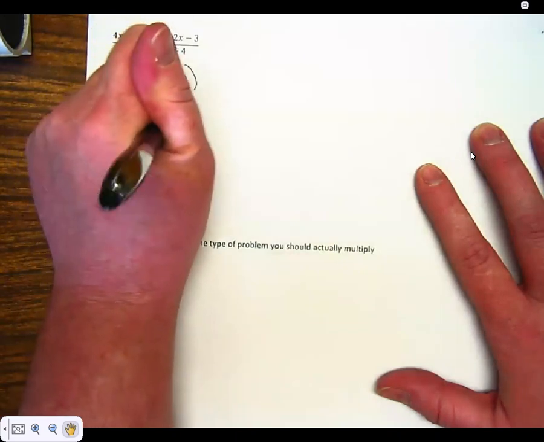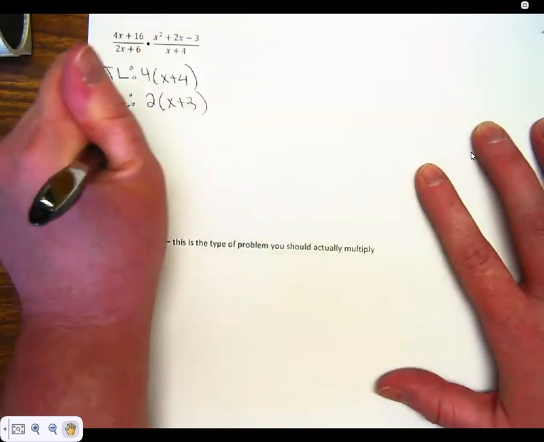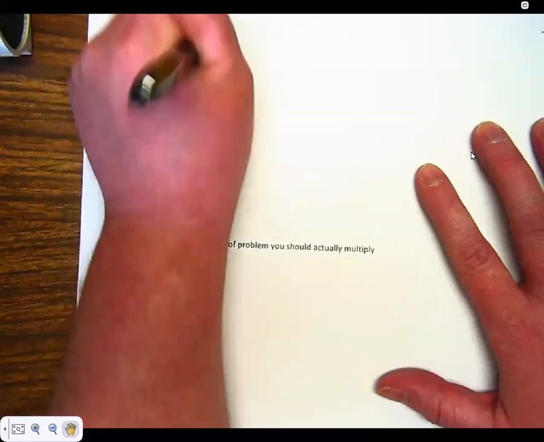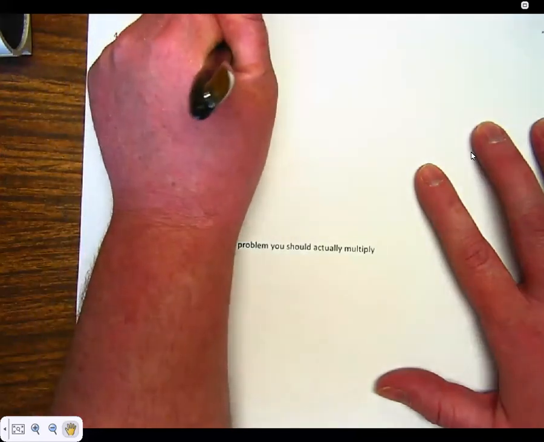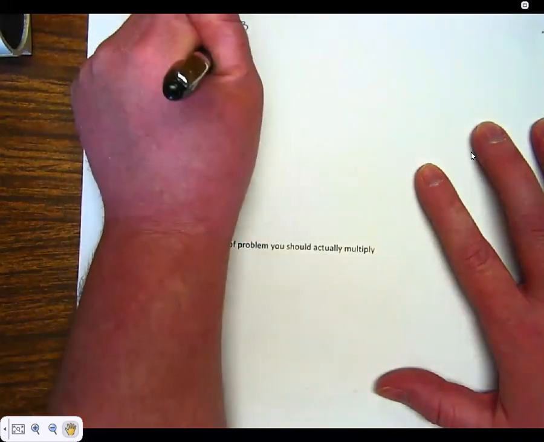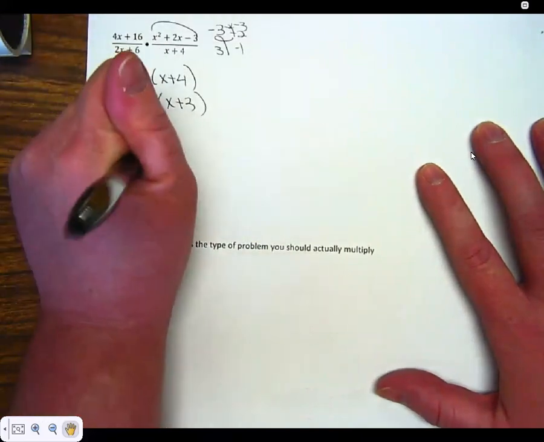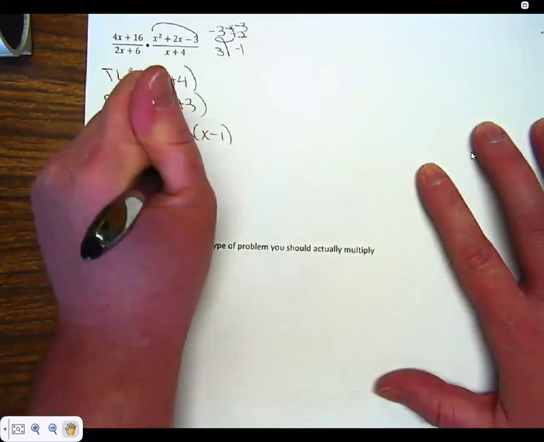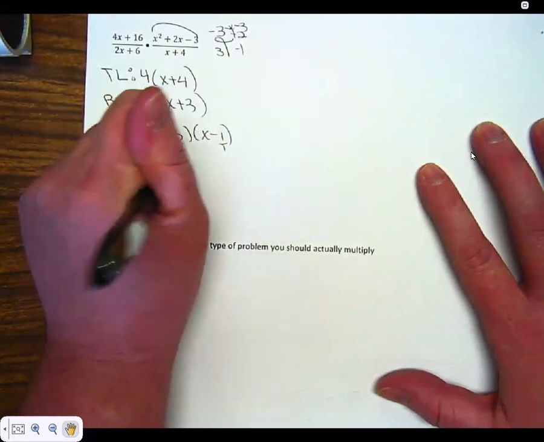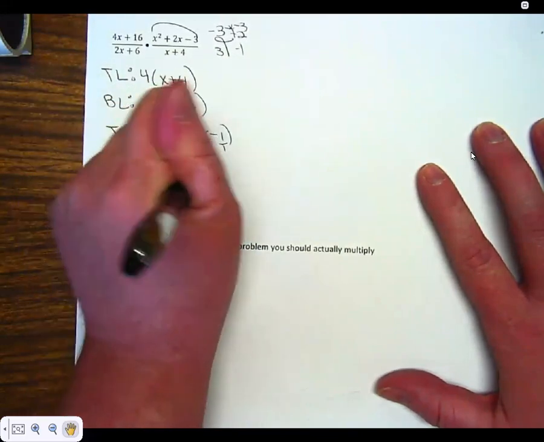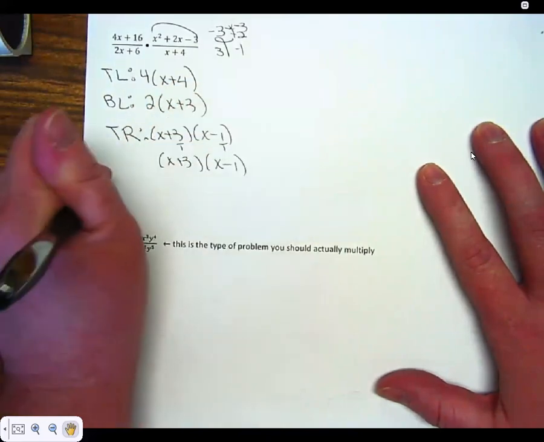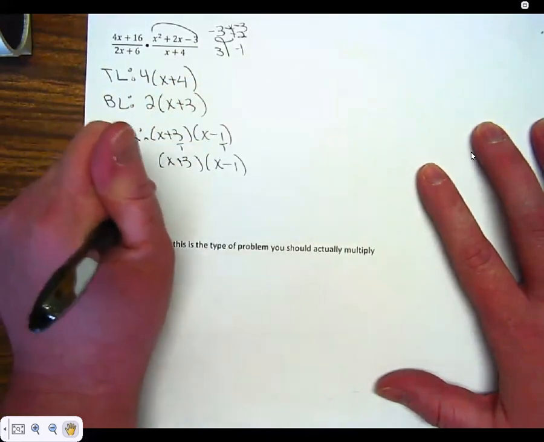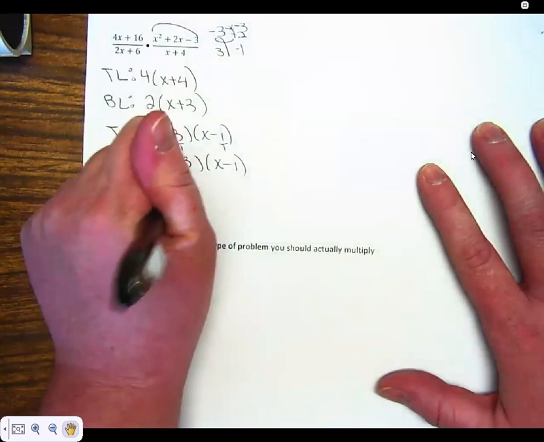Top right, get -3, you need two numbers that multiply to be -3 and add up to be 2, which would be 3 and -1. So you got x plus 3, x minus 1, divided by 1, which accomplishes nothing. Bottom right is x plus 4, that won't change.